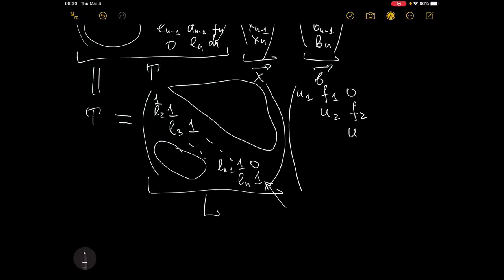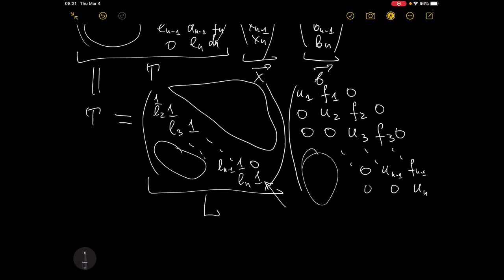Let us try to look for our U matrix in this form. And then here we have Fn minus 1, Un minus 1, 0. And here is Un, 0, 0, zeros everywhere here and here.